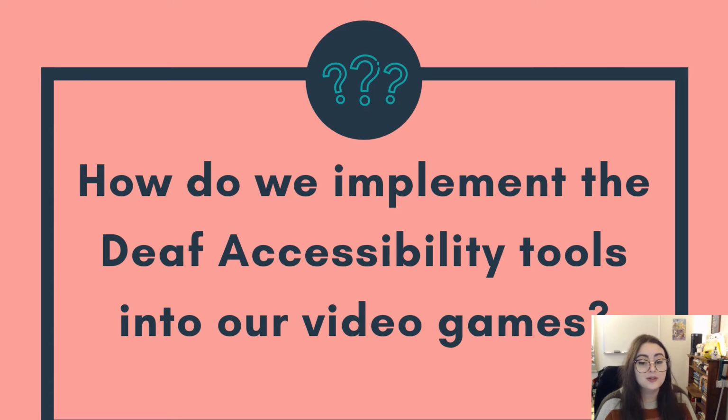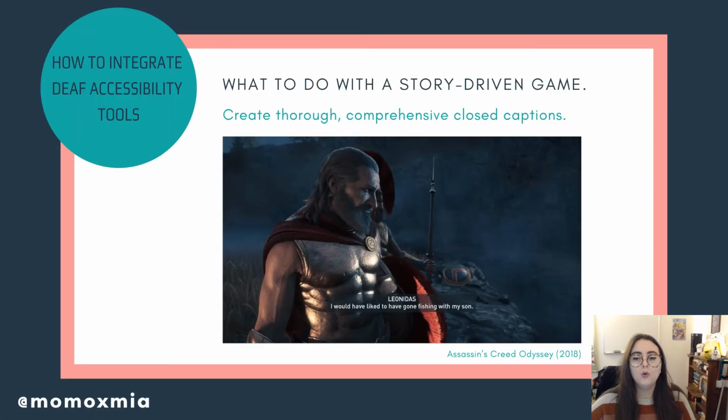And if you need to go back and read more information on those visual cues, on the captions, especially for the last best practices, I will put it on my website so you can read at your own pace. But let's talk about a couple examples of how we implement deaf accessibility tools. What do we do if we have a story-driven game?